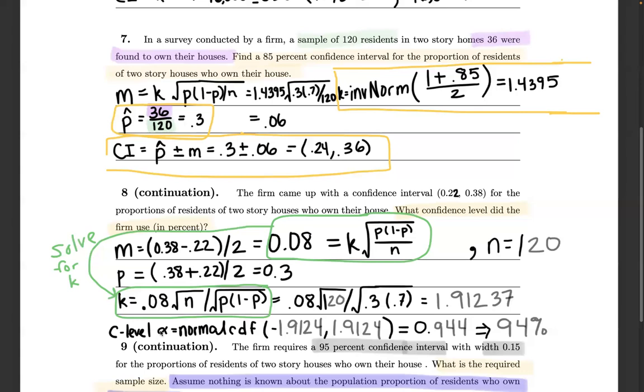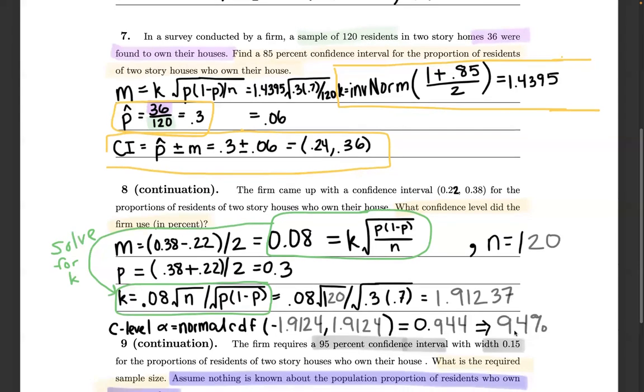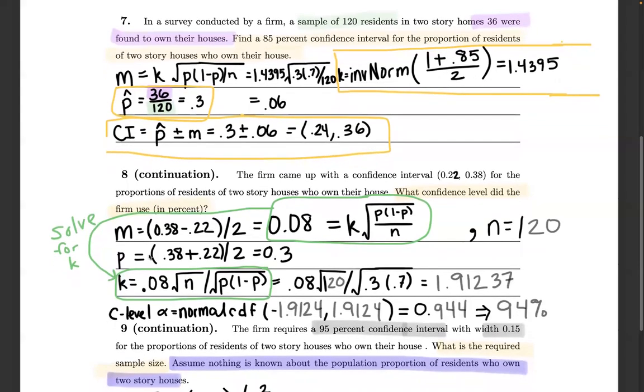So the confidence level alpha is going to equal our normal CDF function with negative 1.9124 as the lower bound and 1.9124 as the upper bound. And then in my calculator, I did the mean of 0, standard deviation 1, and that gave me 0.944, which is 94%. And now here's a continuation still, which is problem 9.